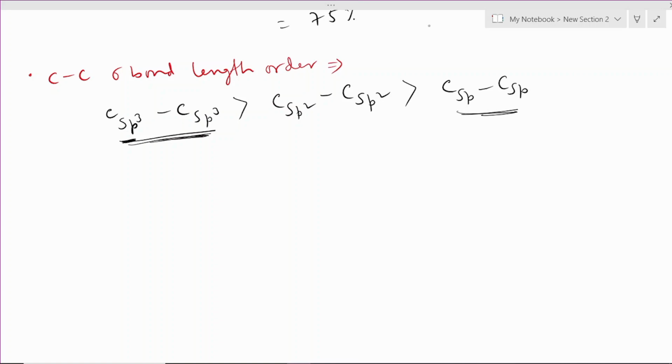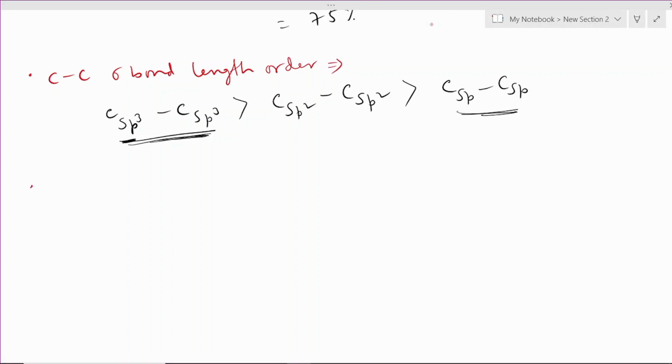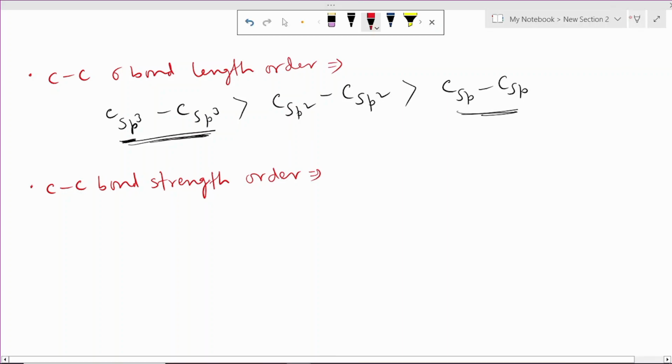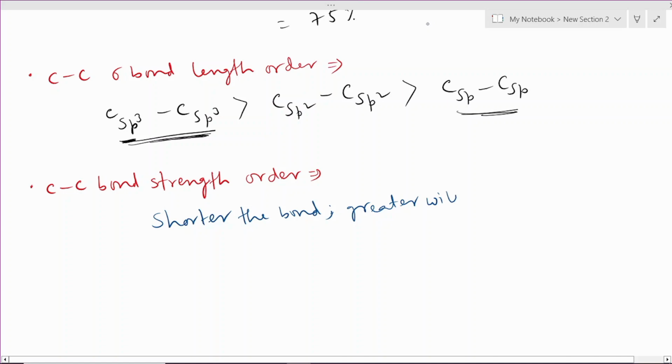Now, shorter the bond, greater will be the bond strength.